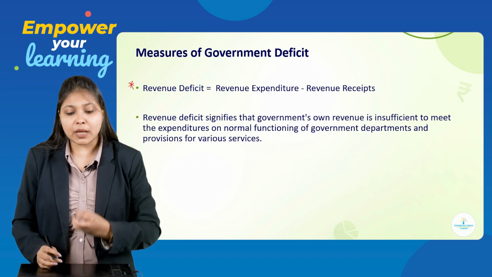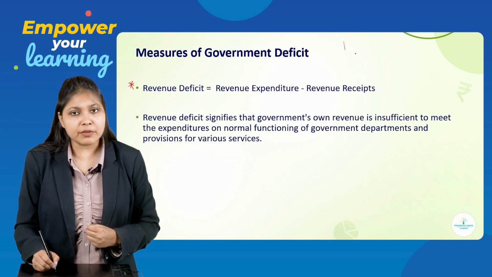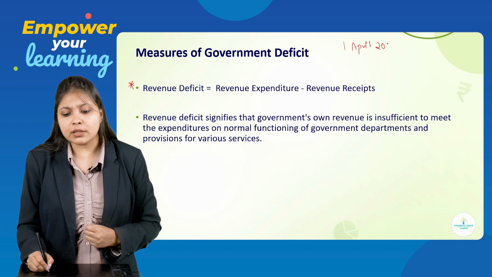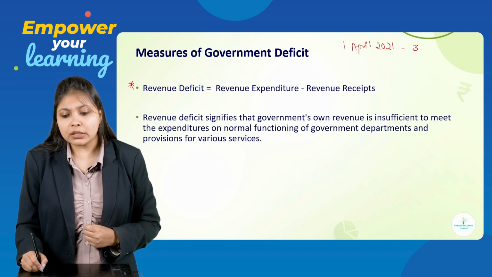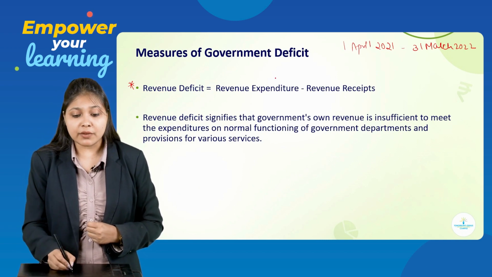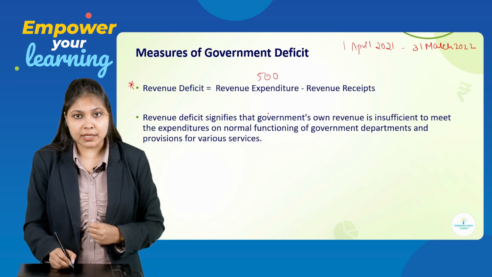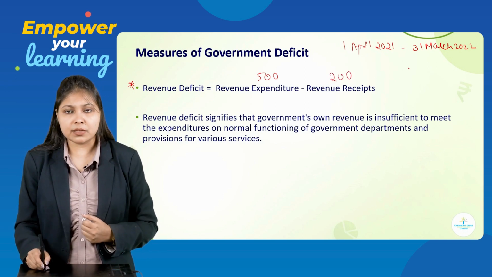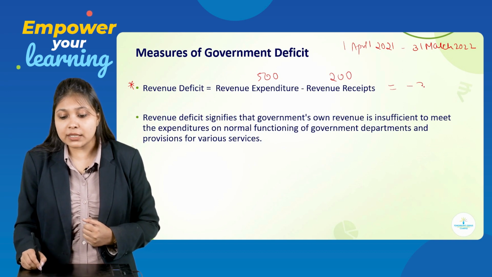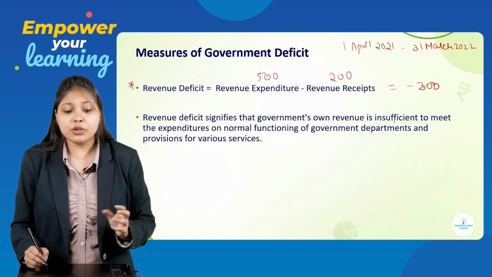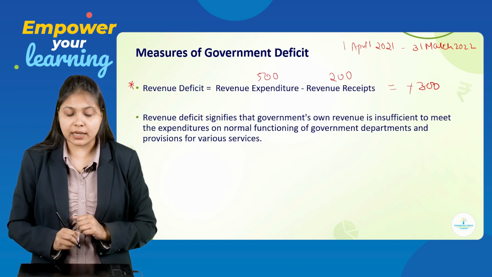Say, suppose for one fiscal year, from 1st April 2021 to 31st March 2022, the revenue expenditure was 500 rupees and the revenue receipt was 200 rupees. That means your revenue deficit is 300.